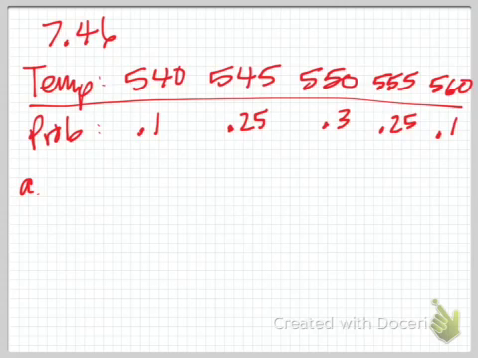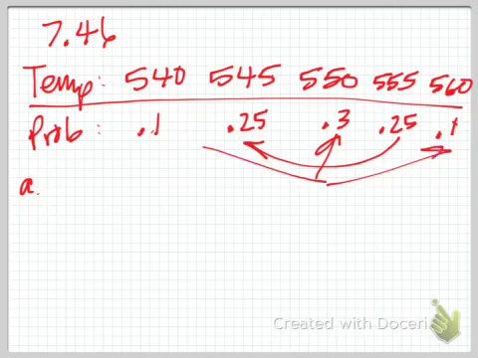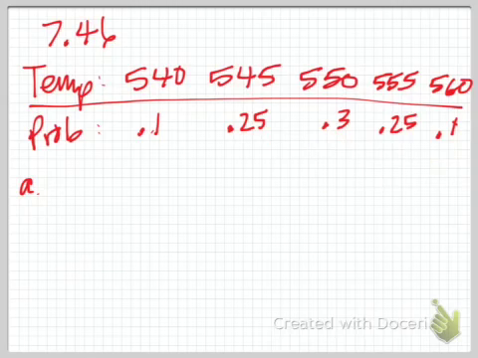Alright, so there's a distribution. We have 5 outcomes as the temperature and a probability for each of those. Looking at it briefly to make sure it's legitimate, I see 0.25 and 0.25 would be 0.5. That gives it to 0.8, 0.9, and 1, so that's good to go. They all add up to 1.